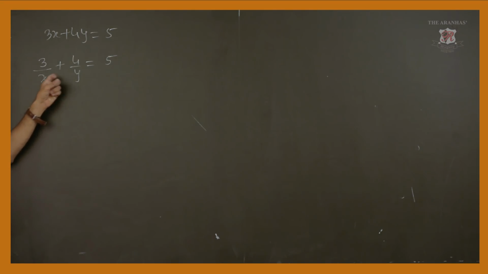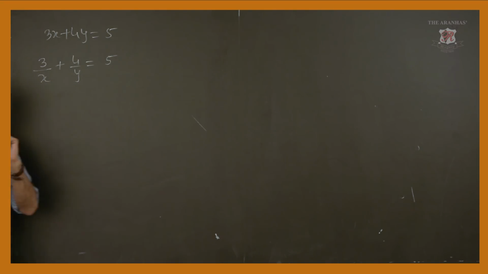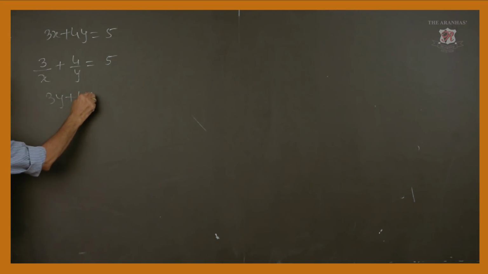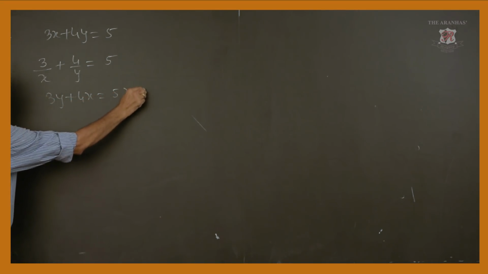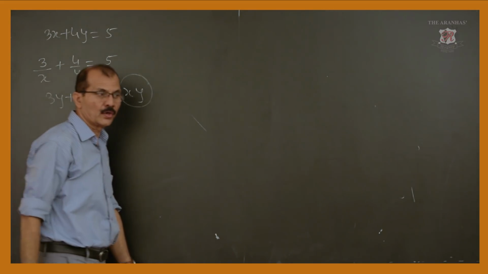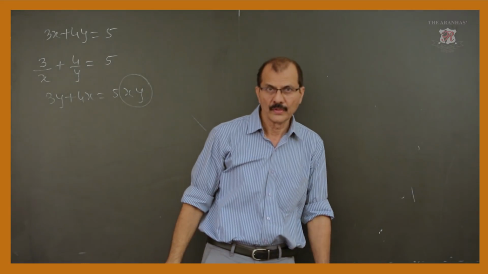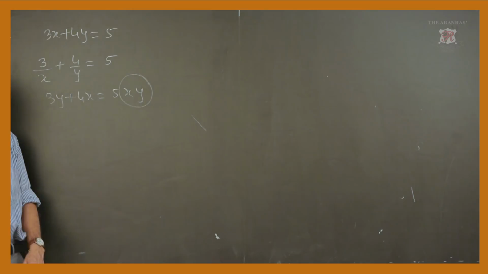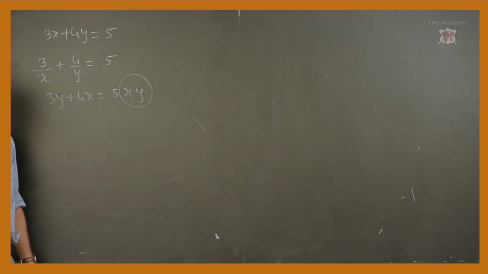The degree of this equation is not 1. The degree will be 2, because when you simplify this, what you will get is 3y plus 4x is equal to 5 times xy. So here the degree is not 1, the degree is 2. So that is why this equation will not be a linear equation.